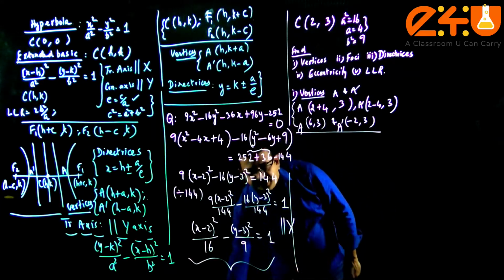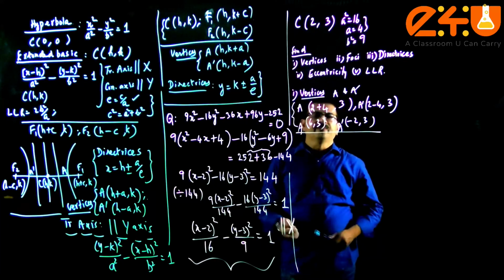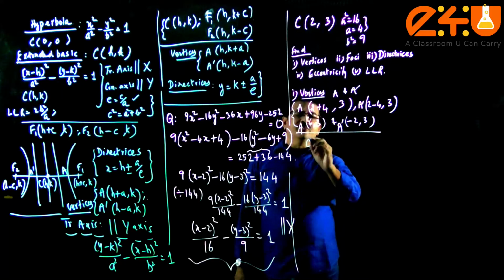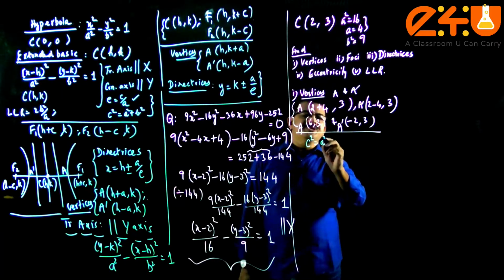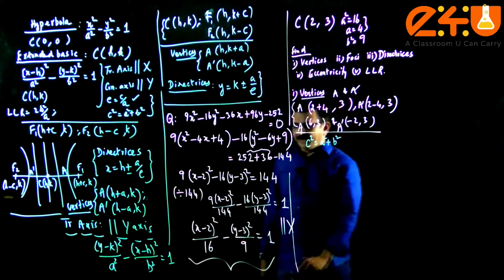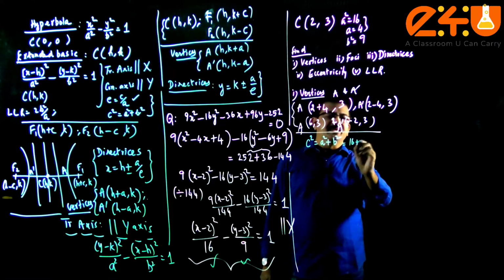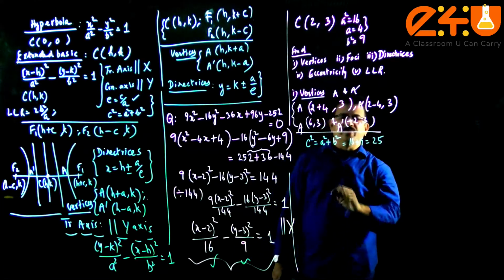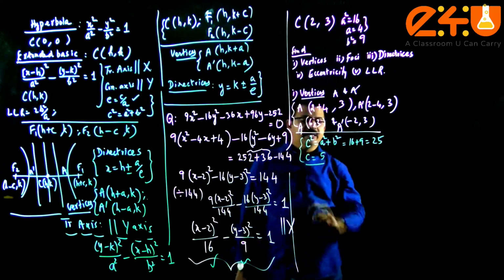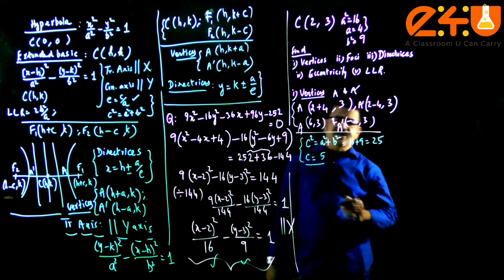Well, once that is done, you are ready to find the foci, and to get the foci you need the value of C. So C squared is A squared plus B squared. Very simple, A squared, B squared, you can simply add. It is 16 plus 9 giving you the value 25. So C is the square root of 25. Consider the positive answer, because anyway you are going to add and subtract.